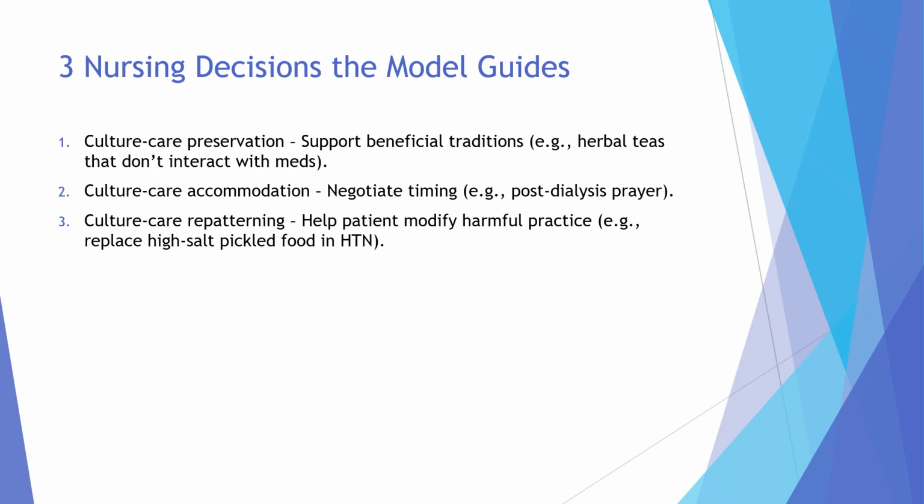Then culture care accommodation: negotiate timing, like for dialysis and prayer. Then cultural care repatterning, which is helping the patient modify harmful practices, like for instance replacing high-salt pickled food in a patient with hypertension.